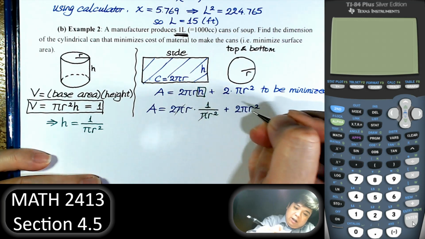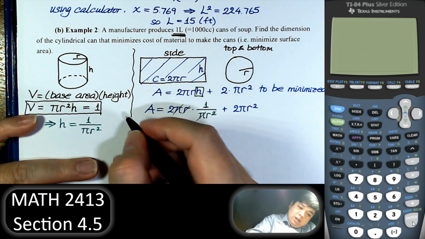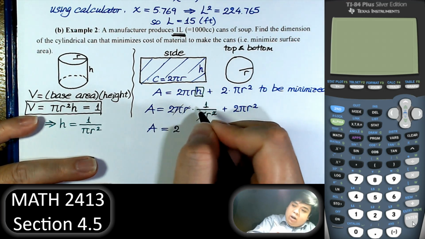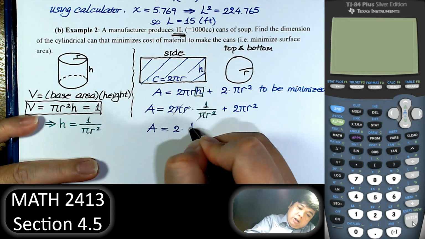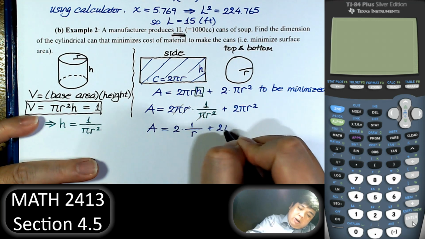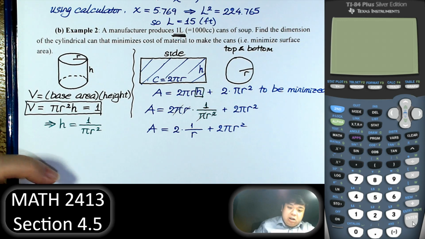Cancel the pi, and cancel an R from the r squared. So A is equal to 2 times 1 over R, plus 2 pi R squared. So that is the function to be minimized.